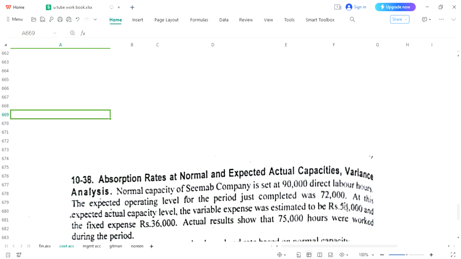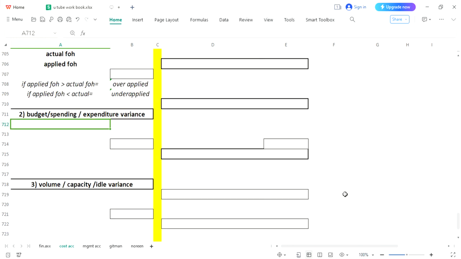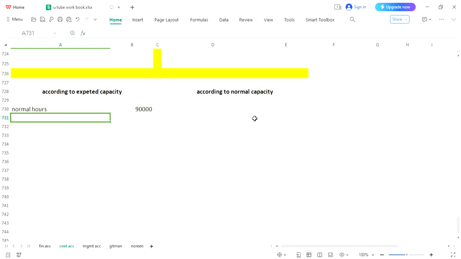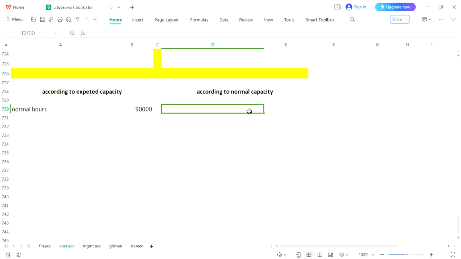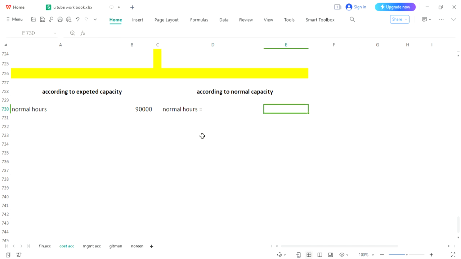Although hours are not mentioned over here, it's a mistake in the question. Hours were supposed to be written over here, but as per the sequence we are taking it as hours. So expected hours are given over here and they are 72,000.